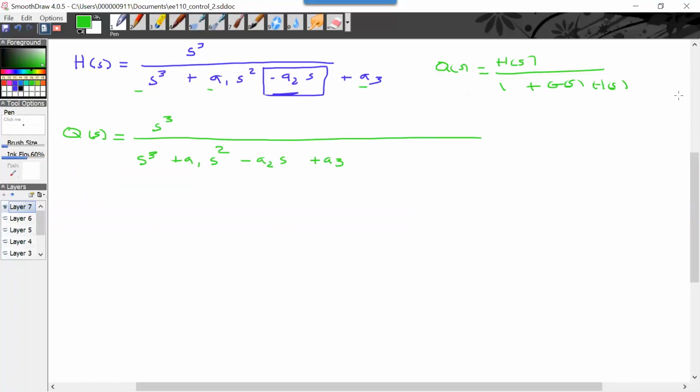But then we're going to have the denominator times its own transfer function, and so it will cancel out, and then we're left with the numerator.